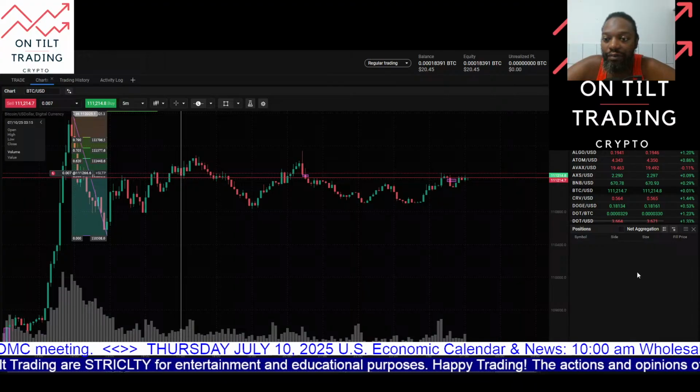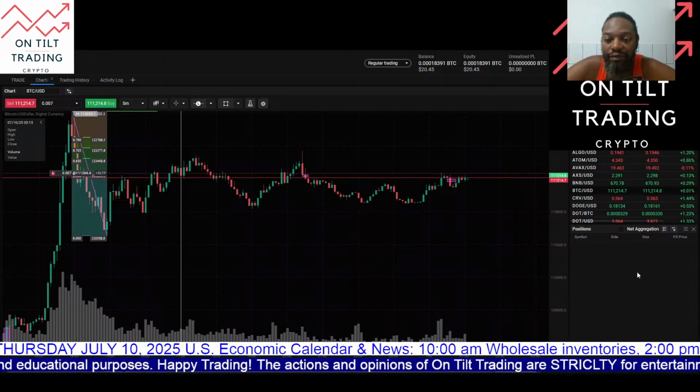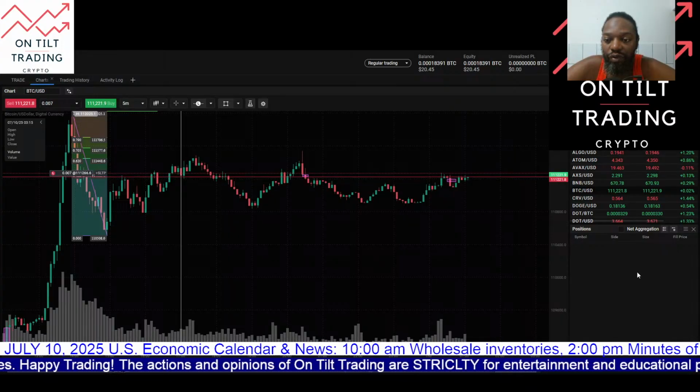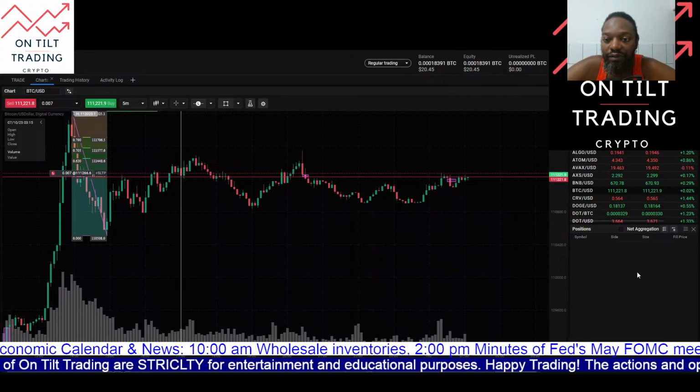Now price action being delivered to the buy side here, 111,214.7. More buy side delivery here, price at the 111,220 level.